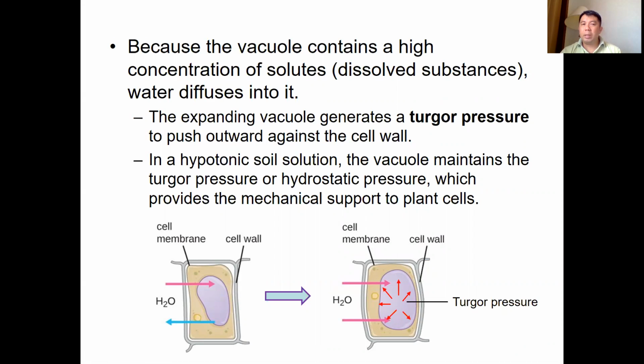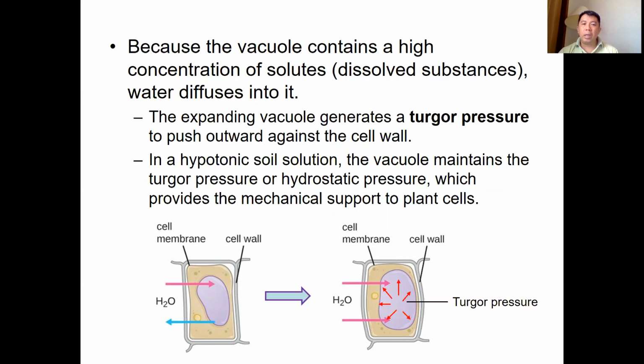Because the vacuole contains a high concentration of solutes, water diffuses into the vacuole by osmosis. The vacuole then expands to generate turgor pressure, pushing outward against the cell wall.